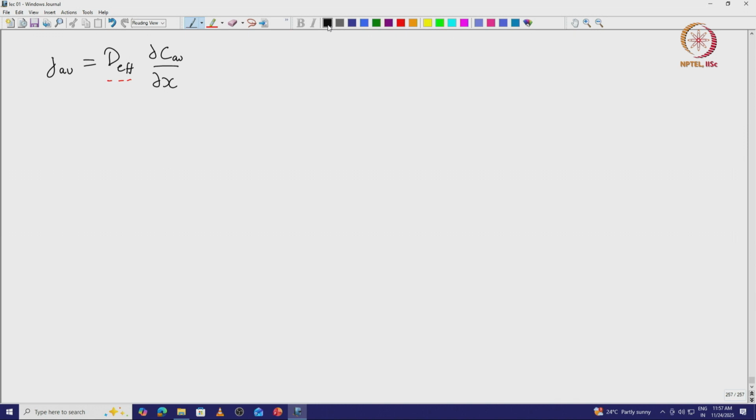And of course, this is equal to the cross section average, 1 by pi r square integral 0 to r, 2 pi r dr into J, which is a function of r, x and t, the flux in the x direction. The cross section average gives you the average flux, and we want an expression for the average flux in terms of the average concentration gradient in the axial direction.